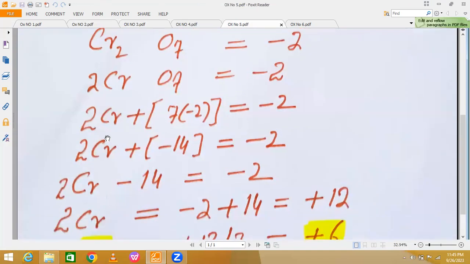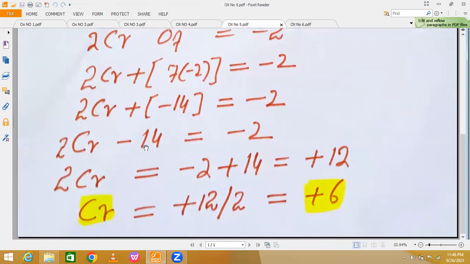That comes to be 2Cr minus 14 is equal to -2. So 2Cr would be equal to +12.